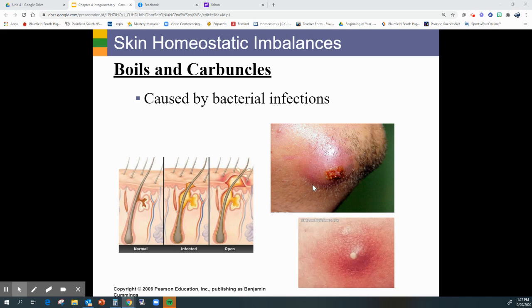And then you get this raised red appearance that's directly associated with one hair follicle or sometimes several. All right, you can see in this case, this is probably a couple different hair follicles here that have become raised and red. And also you can see here, a nice big red appearance, with a white pustule in the center. That's all white blood cells, but that's pretty indicative of this kind of boil or carbuncle.